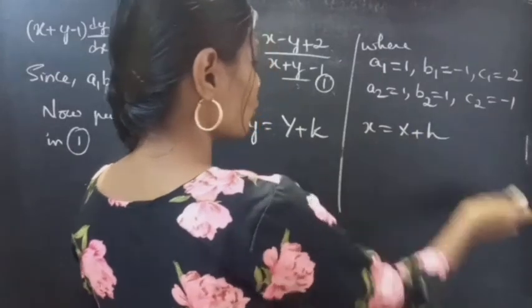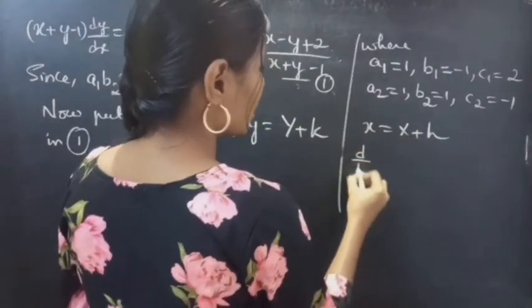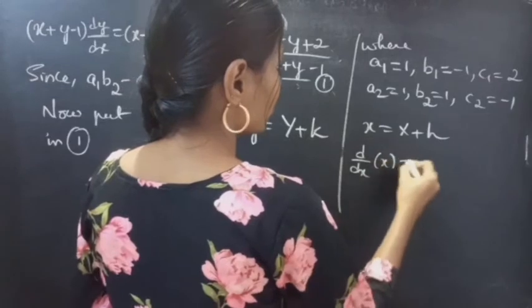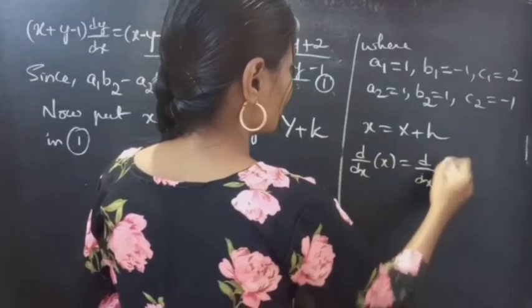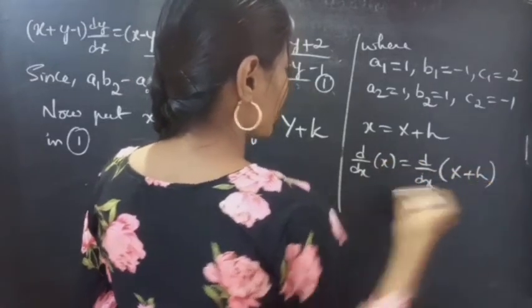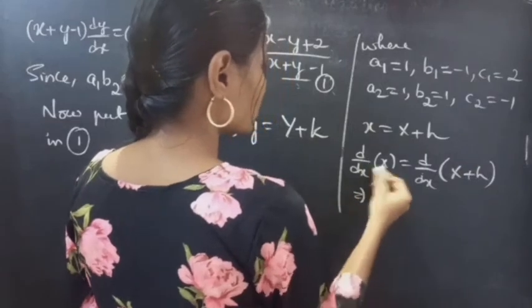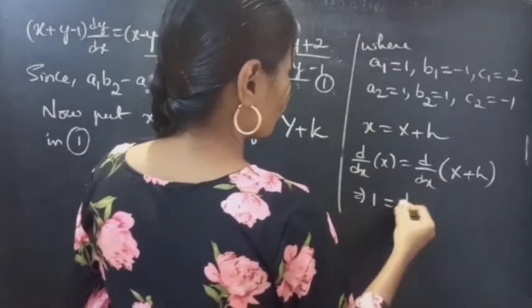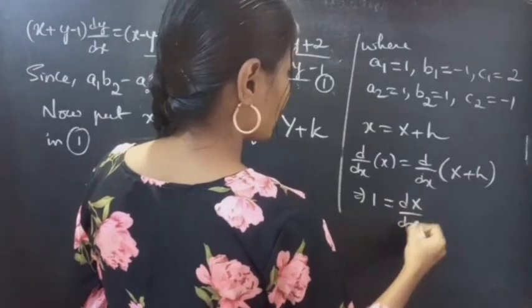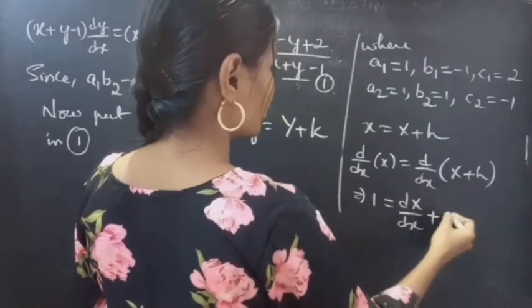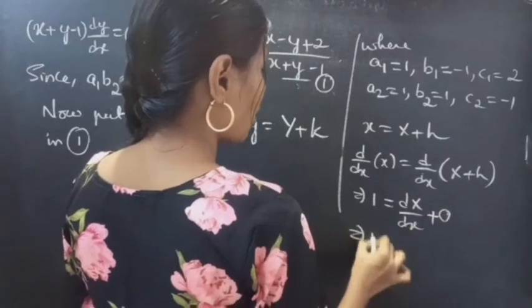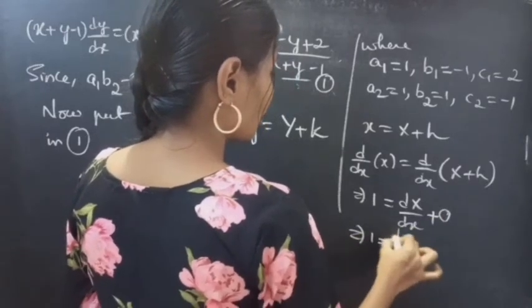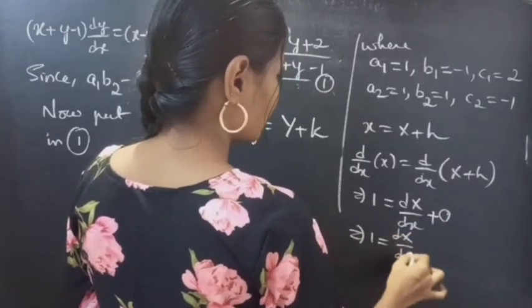If you differentiate on both sides with respect to x, you'll get d/dx of x equals d/dx of (X + h). Then you'll get the derivative of x with respect to x is 1, equals the derivative of X with respect to x plus the derivative of a constant with respect to x, which is 0. Then you'll get 1 = dX/dx.